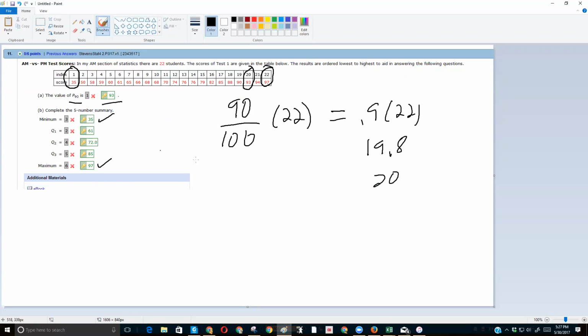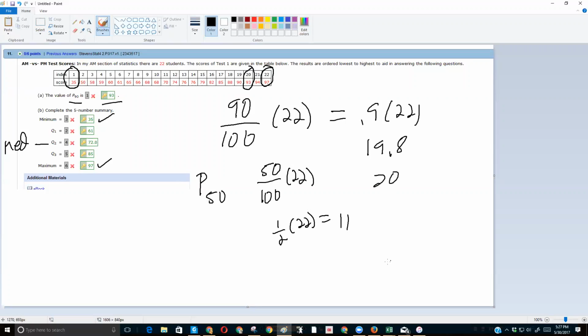Now, to get the rest of the numbers, the second quartile is the same thing as the median. And the median cuts the data set in half. So basically, Q2 is the same as the 50th percentile. So if we do 50 divided by 100 times 22, well, that gives me 0.5 or 1/2 times 22, which is 11.